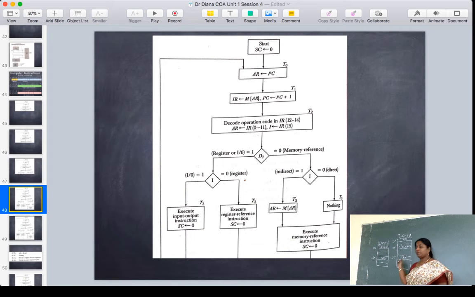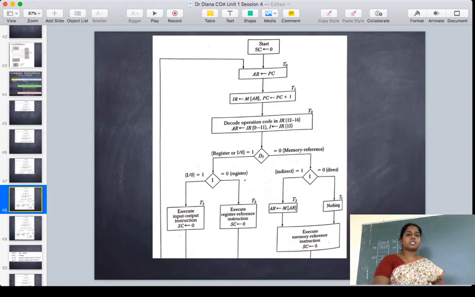For direct memory access, I am looking into the memory only once. I have an address, I look up, I find the value. In indirect memory access, I have an address, I look up, I find another address, then I look up once again to find the data.